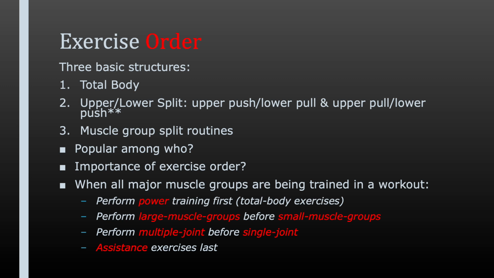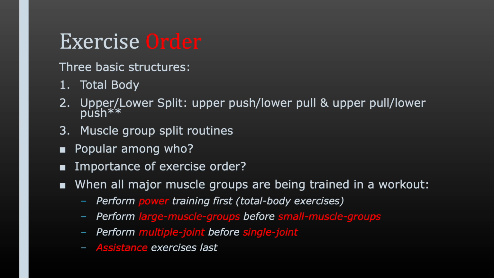Studies show that performance of multi-joint exercises, such as a bench press, squat, shoulder press, declines significantly. So your performance for those movements will decline significantly if you do it later in a workout following exercises that have similar stress as a result of fatigue, which makes sense.